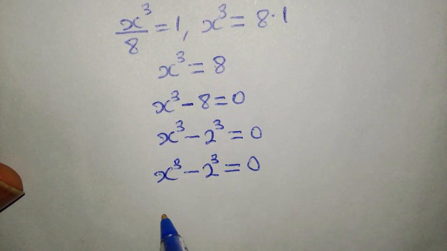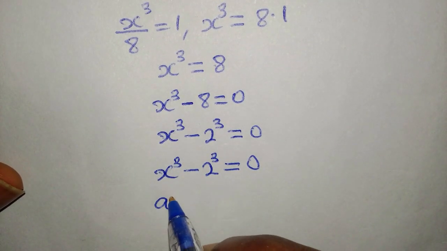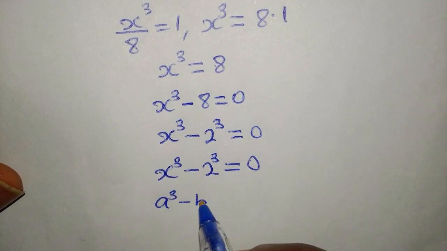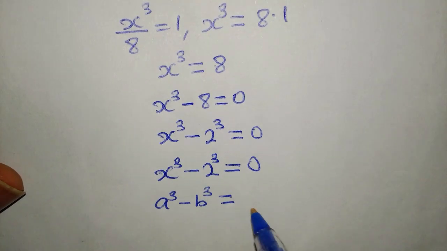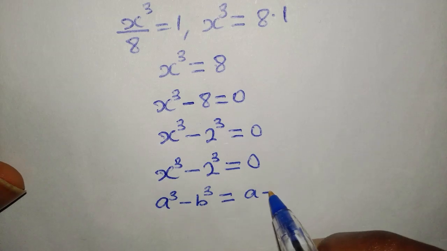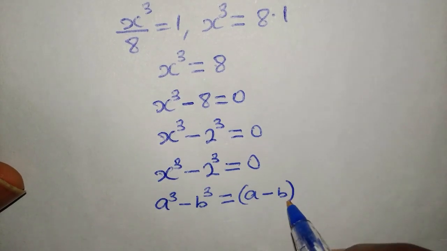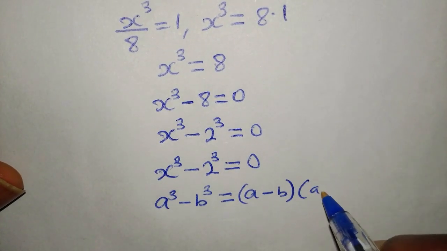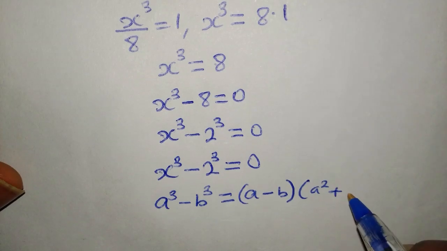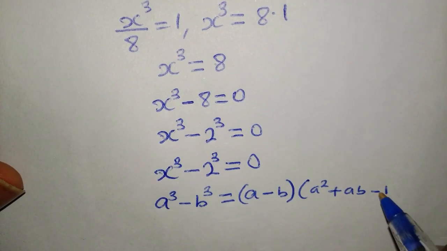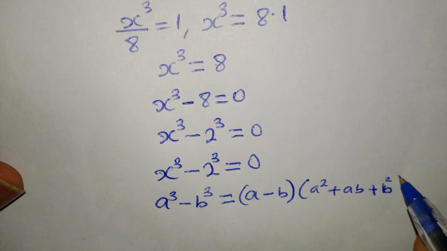At this point we are going to apply the rule that says a to the power of 3 minus b to the power of 3 equals a minus b, all into a square plus ab plus b square.